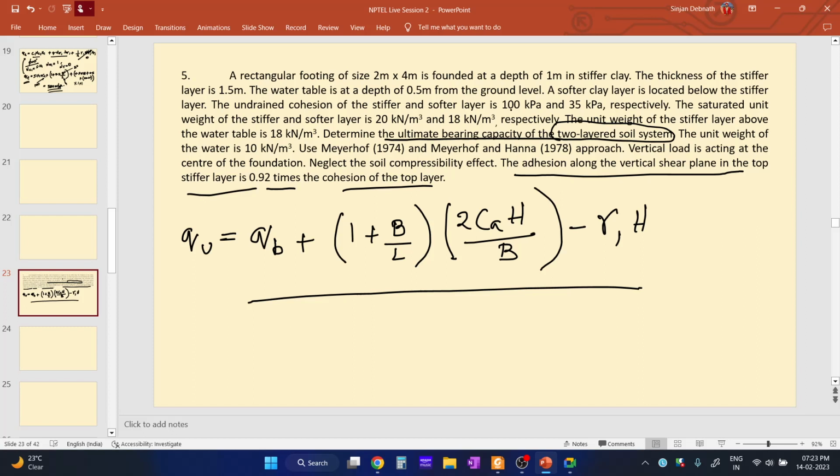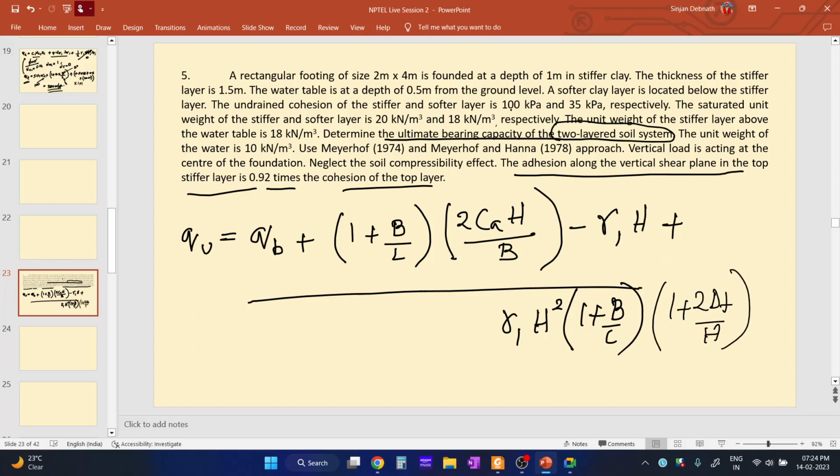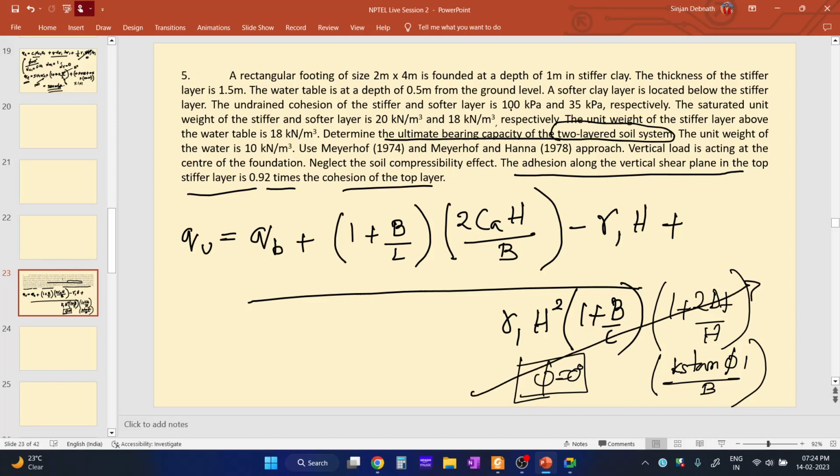QB plus 1 plus B by L into 2 CA H by B minus gamma 1 H plus this part, gamma 1 H square, the shape factors, that is 1 plus B by L into 1 plus 2 df by H into Ks tan phi 1 by B. Since phi 1 is equal to 0 degree, tan phi 1 will also be 0, so that means this portion will be 0.